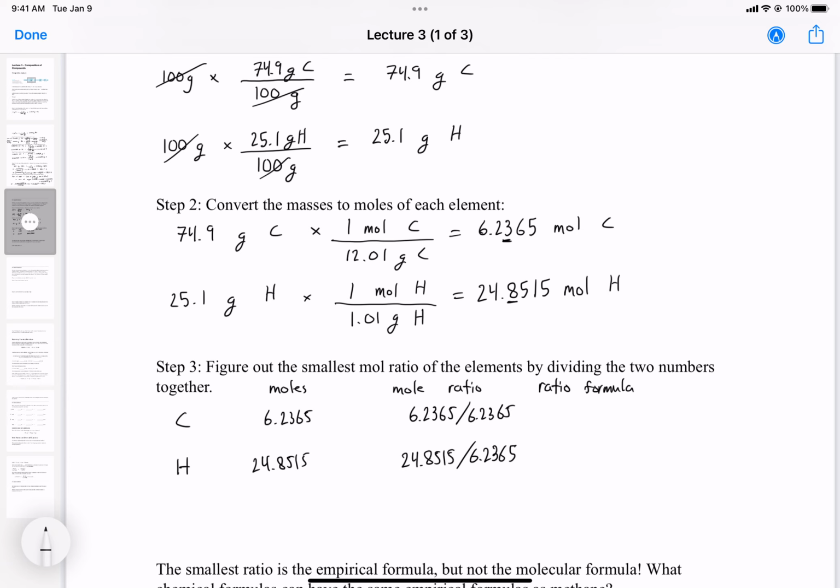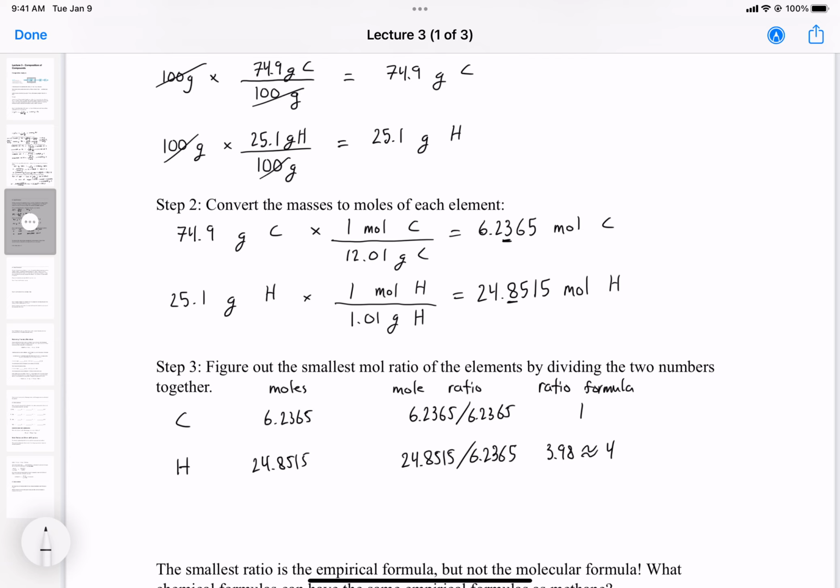We're trying to find how many moles of carbon to hydrogen in the smallest, simplest ratio. And then we'll find the result of this in the ratio for the formula, which is 1, and then 24.8515 divided by 6.2365 is roughly 3.98. So this is roughly 3.98, but we're going to round this to 4.